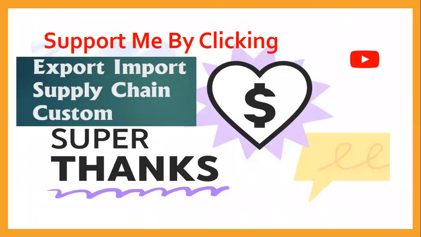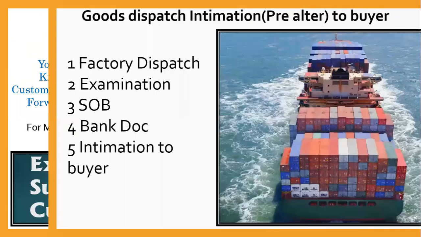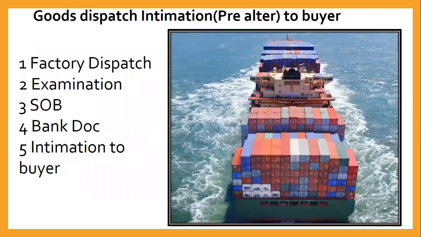We also intimate the buyer, and the shipping line also intimates the buyer and agent. Once the buyer receives the intimation, he makes arrangements for customs clearance as per the shipment terms and conditions. So dear friends, we have tried to understand the procedure of shipment movement and intimation to the buyer.